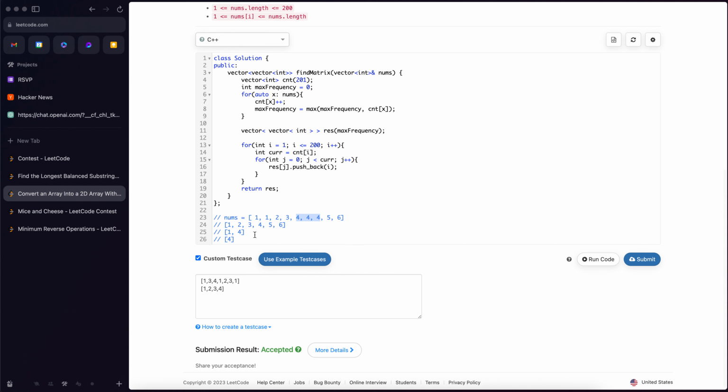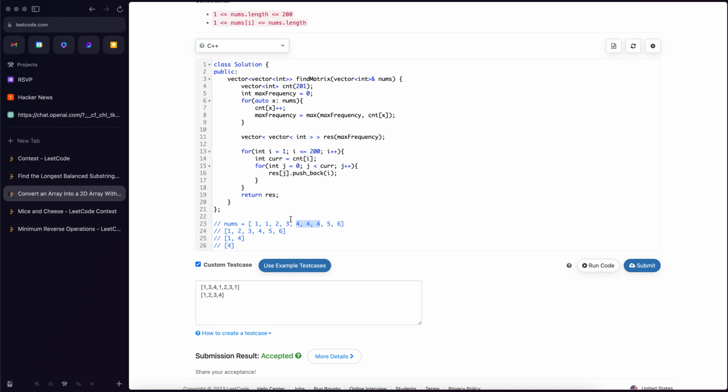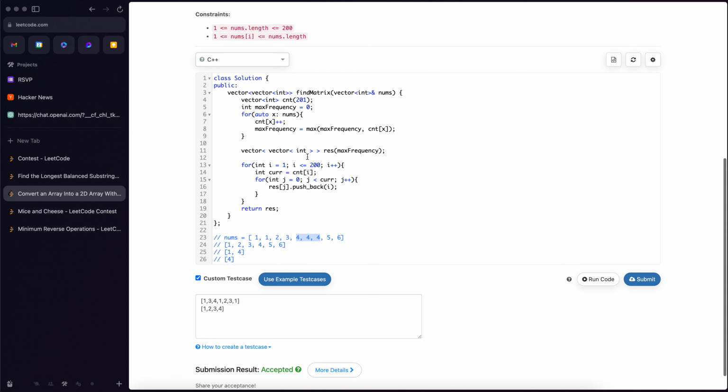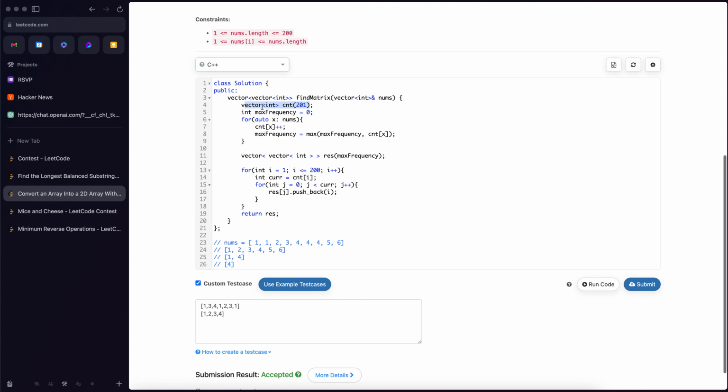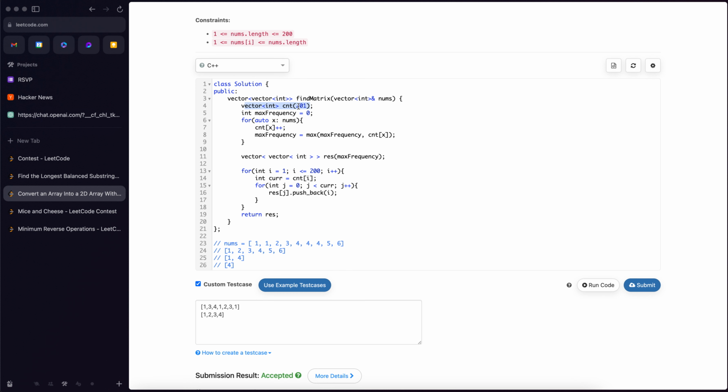Yeah, so the first thing which I did, I did this only. So I tried to find the max frequency. So what I did, I kept the count of all the numbers, right? And the size I kept 201, because the numbers are going to be from 1 to 200 only from the constraints.